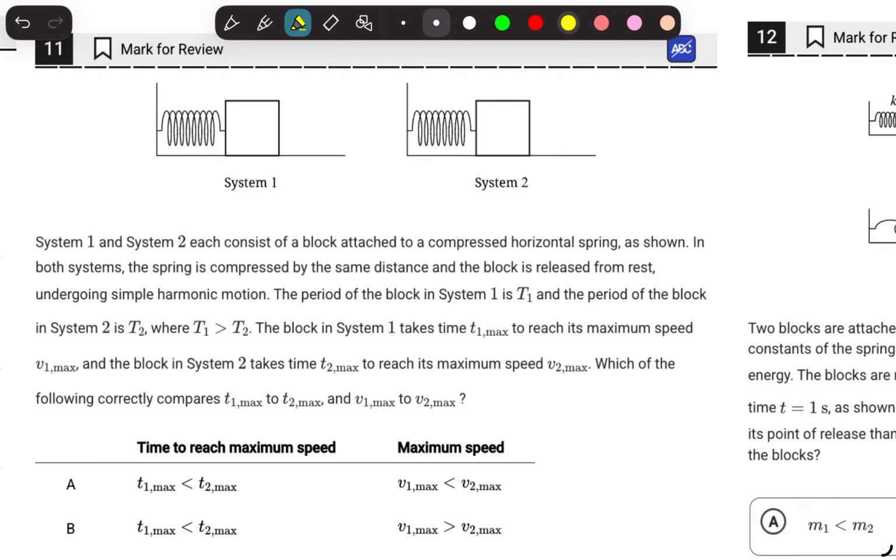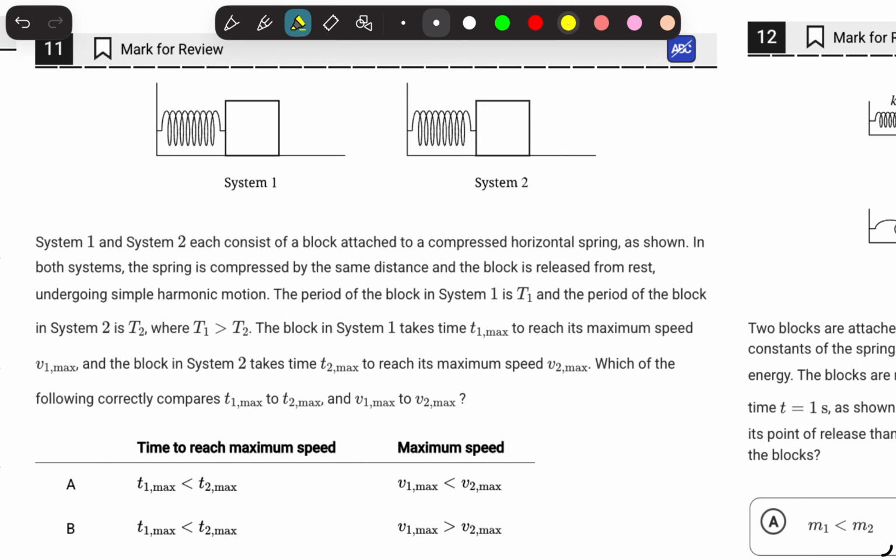The period of the block in System 1 is T1, and the period of System 2 is T2, where T1 is greater than T2. The block in System 1 takes time t1 max to reach its maximum speed, v1 max, and the block in System 2 takes t2 max to reach its maximum speed, v2 max. Which of the following correctly compares t1 max to t2 max and v1 max to v2 max?